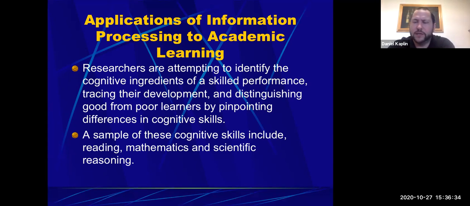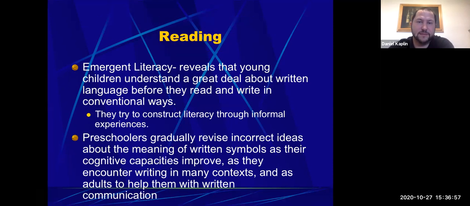So you want to try and use information processing to try and say, okay, what are these micro skills that these good learners have? And so information processing allows you to look under the hood, so to speak. So cognitive skills that we might look at and see differences in are reading, mathematics, science, all of these things.